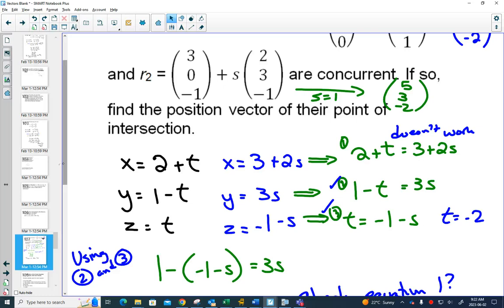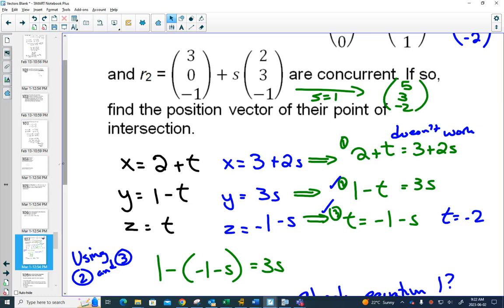I made sure that I was working with only 2 and 3, and I solved for t is negative 2 and s is 1, and I checked, and yes, it worked for both equations 2 and 3, which means at least I didn't make a mental math mistake. If it didn't work for 2 and 3, that just means you made a mental math mistake. Because solving a system of equations when you have 2 things and 2 unknowns, there's either a solution, or there are infinite solutions, or there are parallel lines.